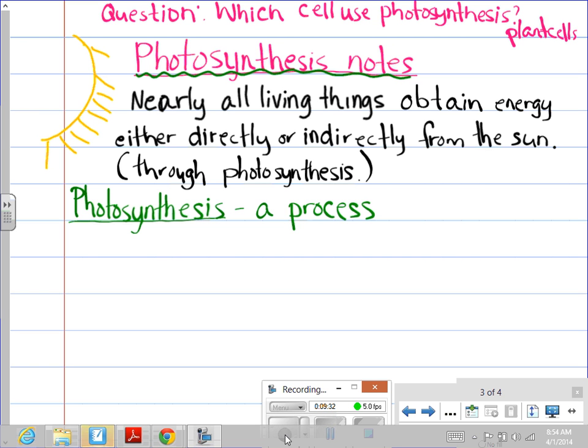And a process is something that happens, so it definitely is a process. What uses this process? Plants. So it's a process by which cells, what is needed in this process? What is one of the major drivers? The sun. So plant cells capture. What does it mean to capture? Take it. So hold on to it. So it captures sunlight.